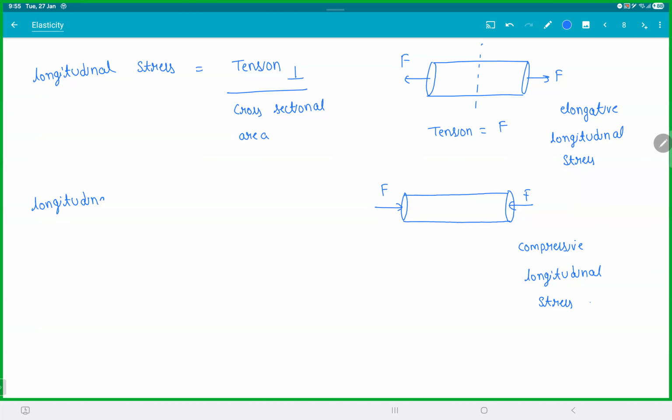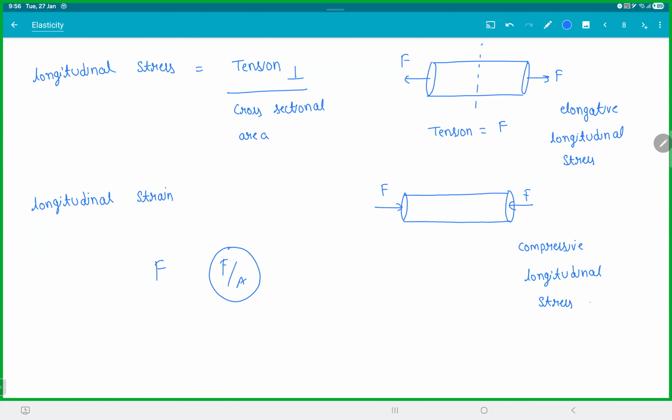Then we define something called longitudinal strain. So again, understand, in fluid mechanics, what did we do? Instead of using mass, we used density because density is constant for liquids. Instead of using force, we used pressure because force per unit area made more sense. Same way, in elasticity, instead of using force, we use force by area.